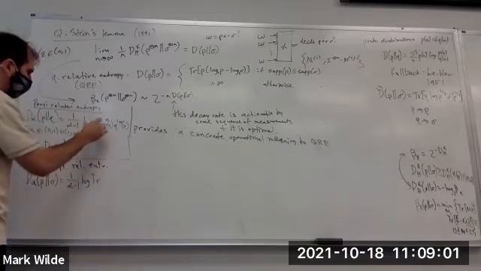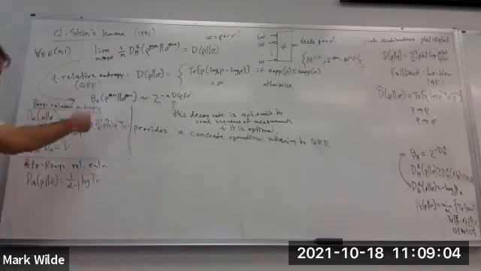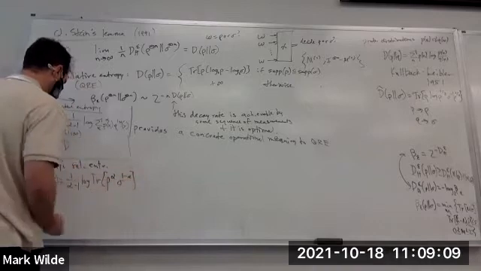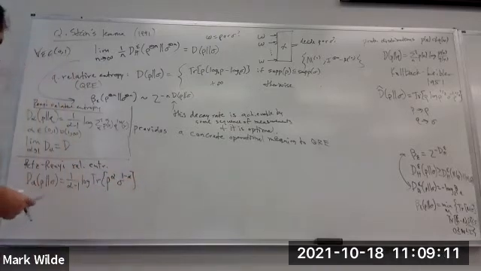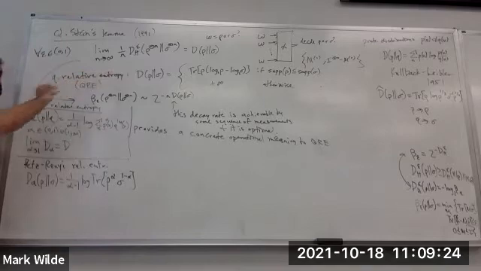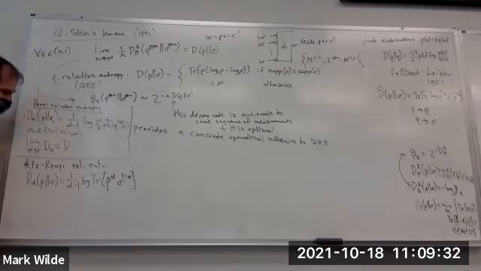Rather than the sum over x, we'll have a trace. And rather than p to the alpha, we'll have rho to the alpha, sigma to the 1 minus alpha. This quantity has the property that when the limit as alpha goes to 1, it converges to the quantum relative entropy. I'm going to be skipping that calculation today. We might return to it later. But you can prove that using L'Hopital.